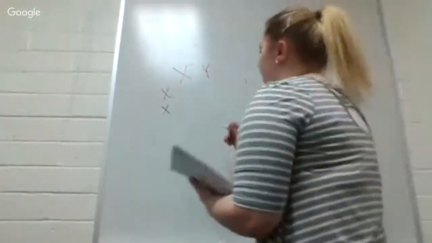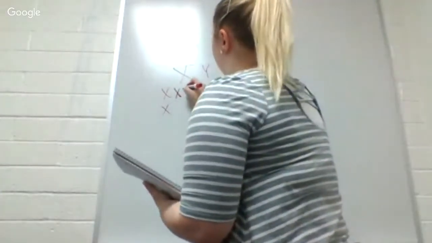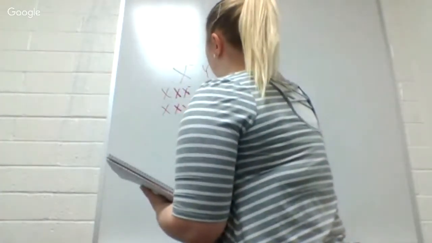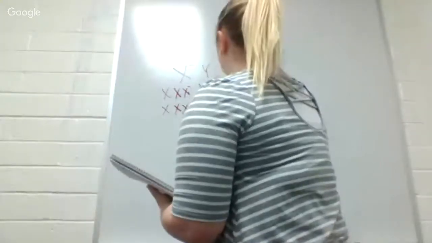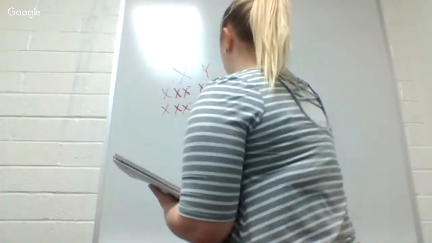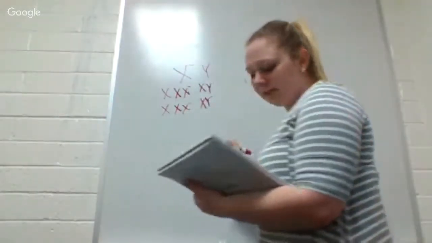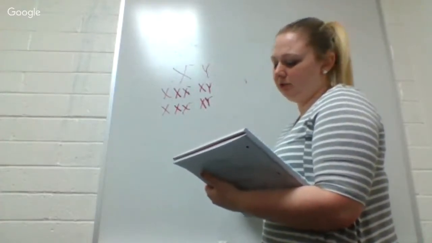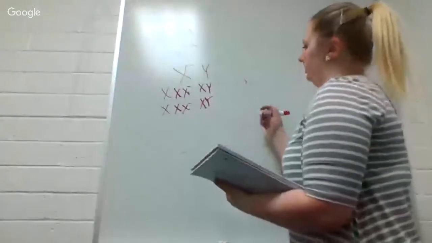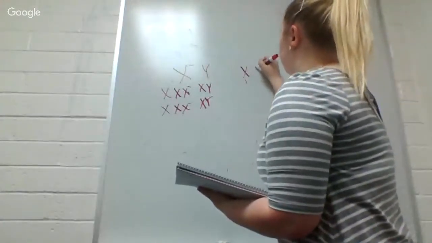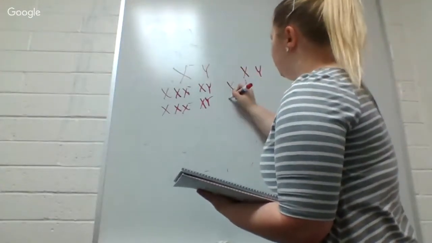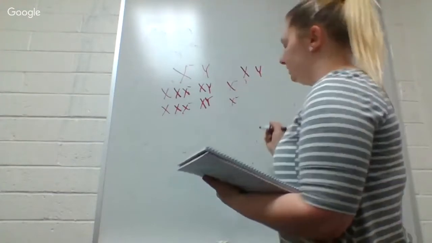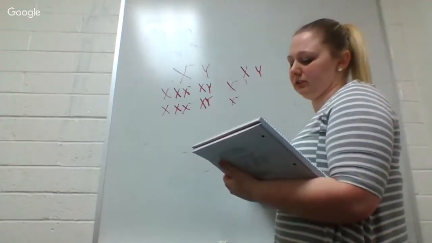So we're going to have 1/2 normal females and 1/2 normal males. If we do the reciprocal, we're going to have a male that is not affected and a female that is affected. And since it's recessive, it needs to be homozygous recessive.